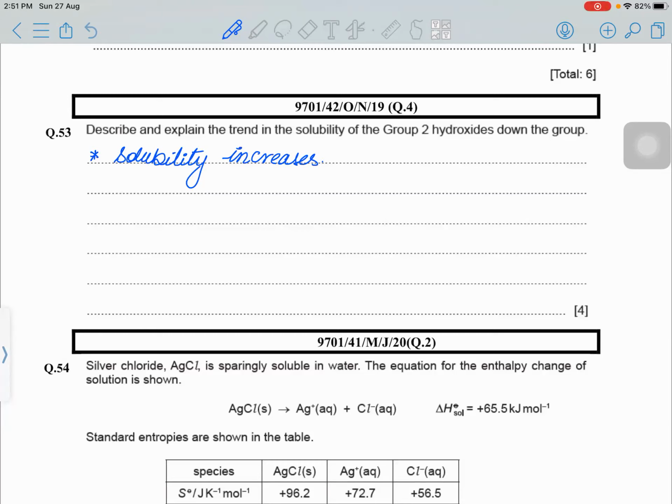Point number 2, down the group 2, lattice energy and hydration energy both decrease.